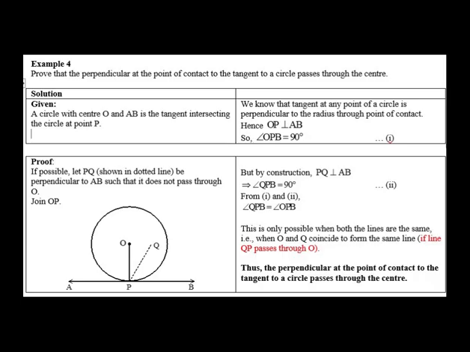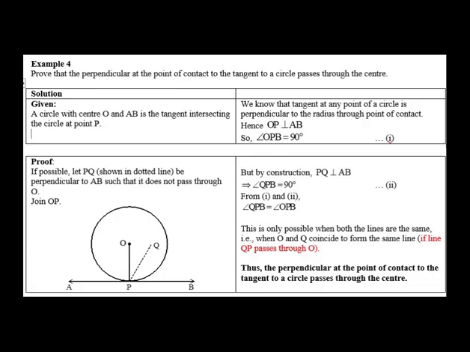Join OP. We know that the tangent at any point of a circle is perpendicular to the radius through the point of contact. Hence, OP is perpendicular to AB. So, angle OPB is equal to 90 degree. But by construction, PQ is perpendicular to AB, which implies angle QPB is equal to 90 degree.